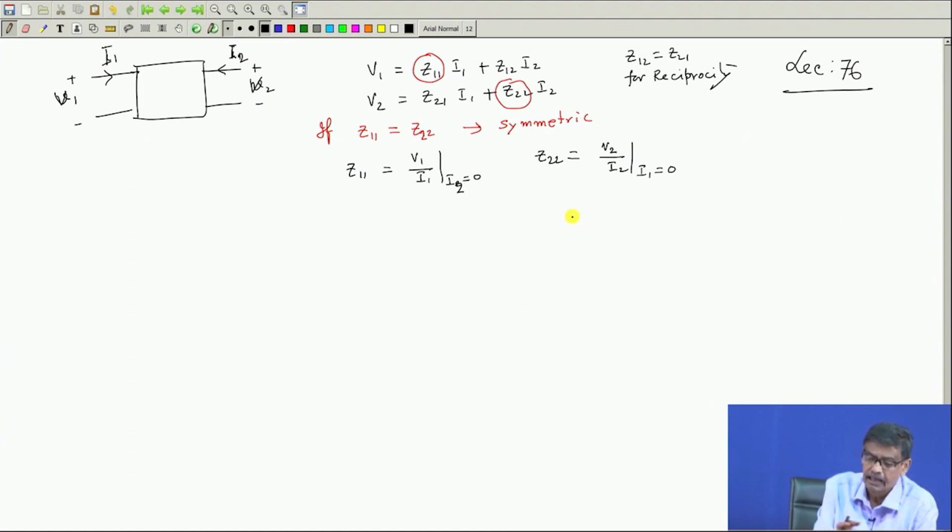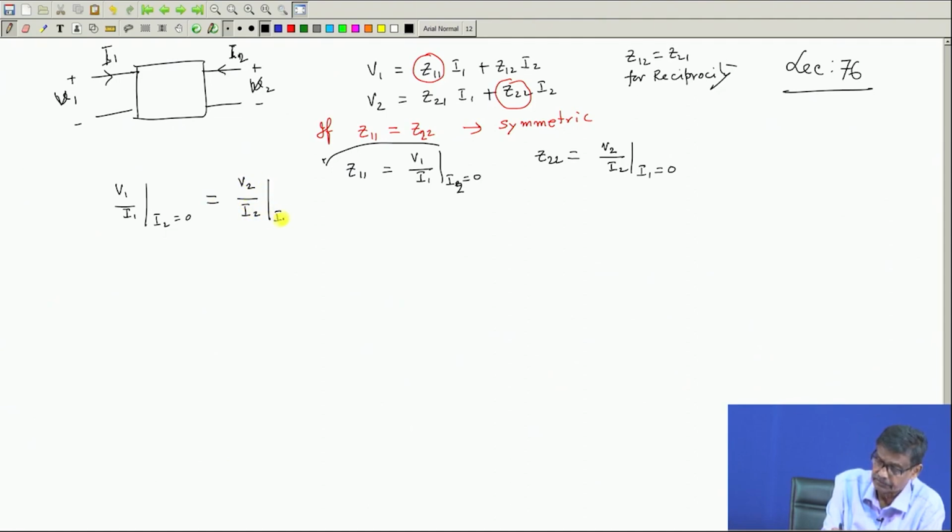For the impedance matrix it happens to be Z11 equal to Z22. So V1 by I1 with I2 equal to 0 should be equated to V2 by I2 with I1 equal to 0.